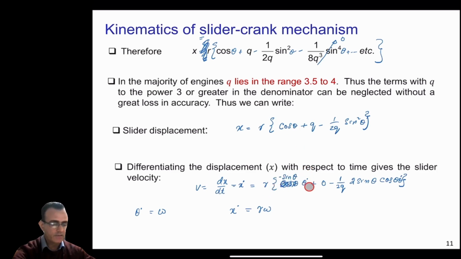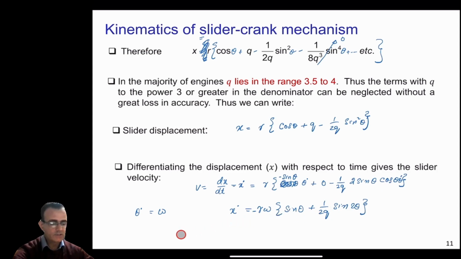So r minus sine theta, theta dot, and then because q is constant, its differential with respect to theta is 0, minus 1 over 2q, 2 sine theta cos theta, theta dot. In this case, if you again take the negative common, what you will get is sine theta and plus 1 over 2q, and then this term here, 2 sine theta cos theta, is sine 2 theta, which we discussed earlier in the trigonometric identities here.